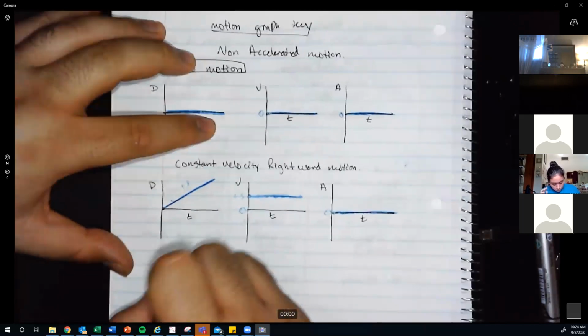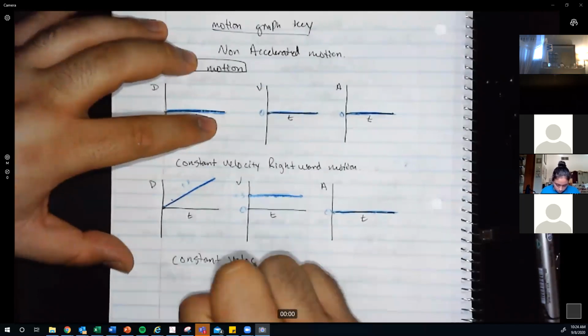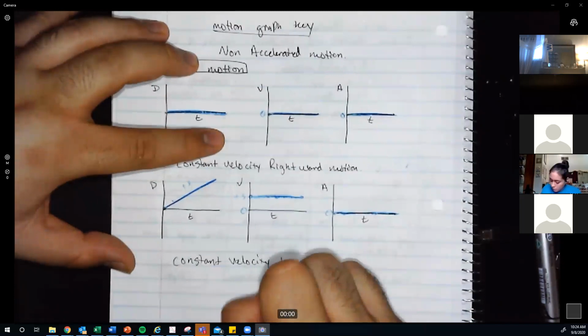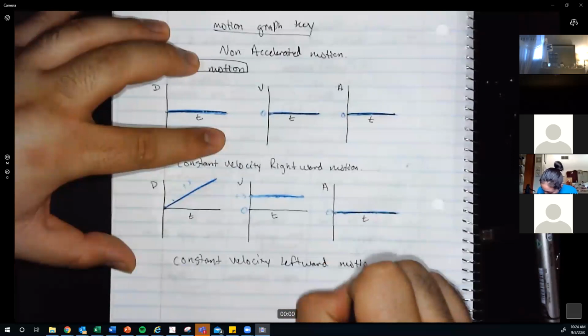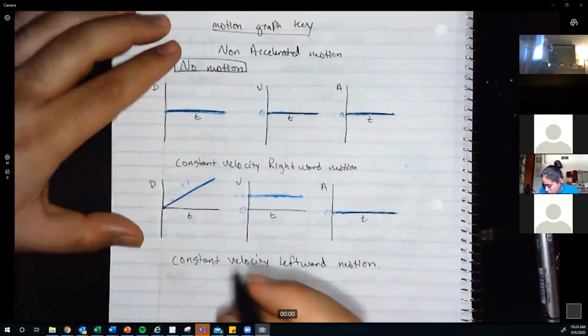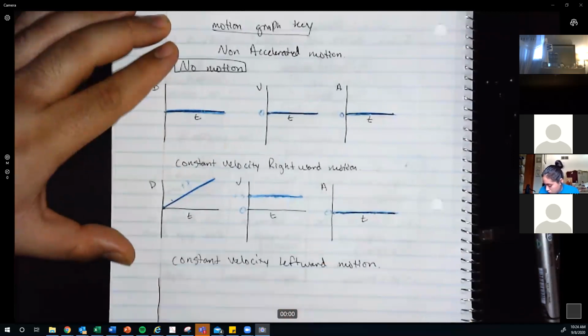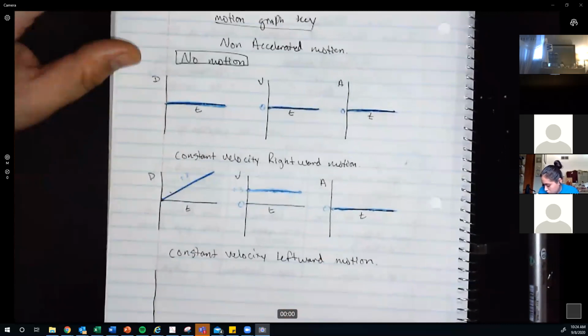So you have constant velocity. We had rightward motion before, so let's talk about leftward motion. Having constant velocity with leftward motion, we have this. It's going to be hard for you to see it.